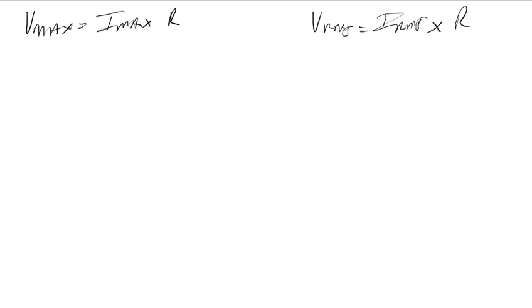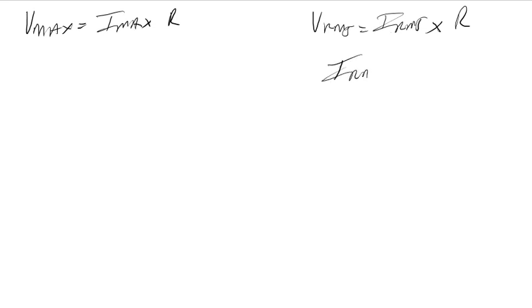Remember, you can use this formula that says Vmax equals Imax times R. Or you can use the one that says VRMS equals IRMS times R, meaning you still have to calculate the IRMS in this case.